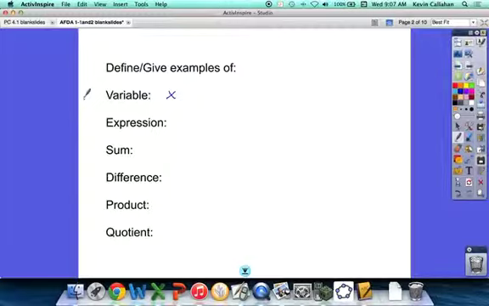It could have different values. Generally, when we start out a problem, we don't know what value it has. When you're solving an equation, you don't know when you start what the value is. So a variable can have different values, but it is unknown.